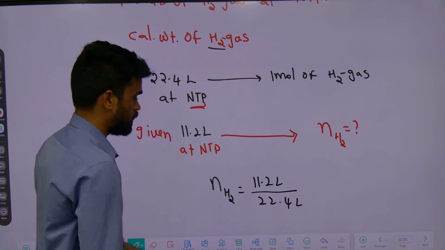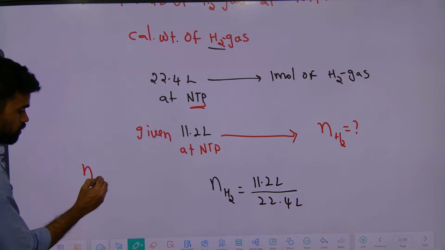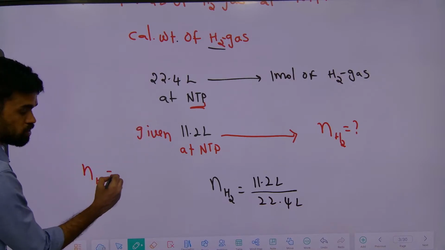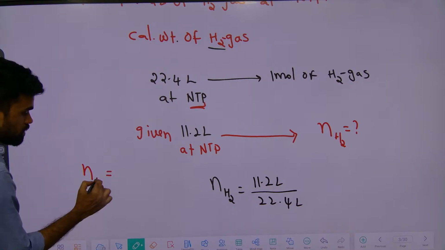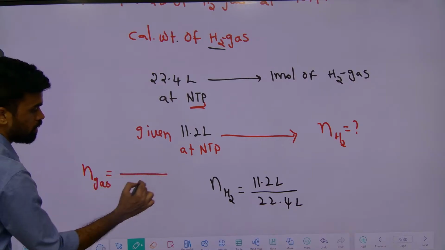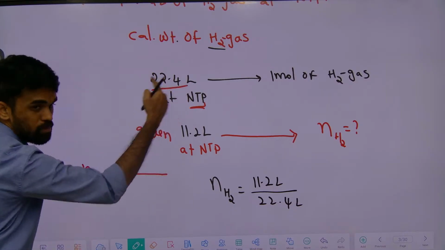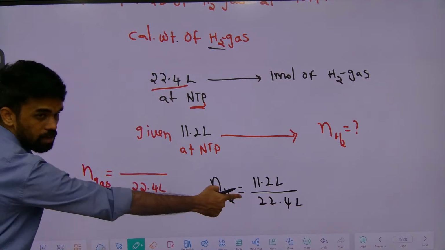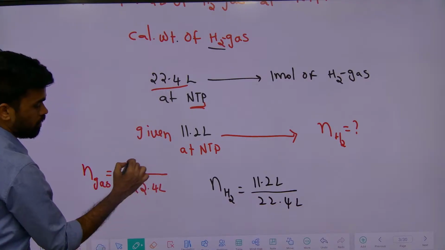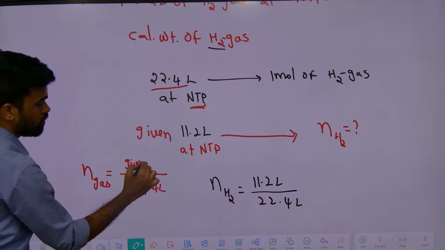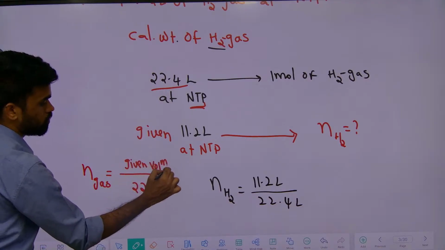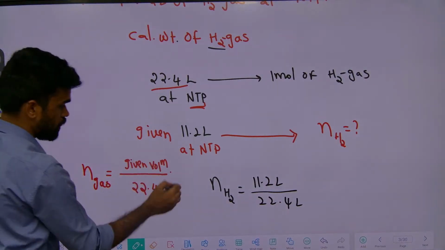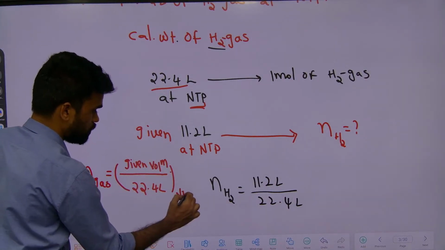This is nothing but a formula we made from this discussion: number of moles of a gas equals given volume divided by 22.4 liters, the denominator being this number all the time. These conditions should be at NTP.